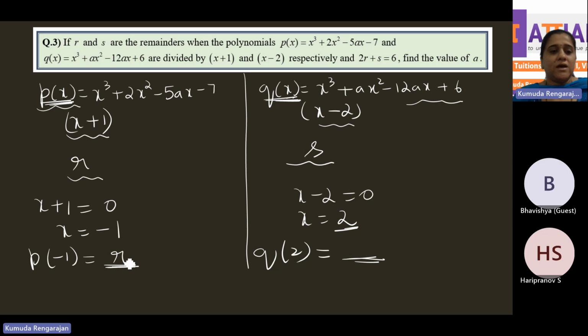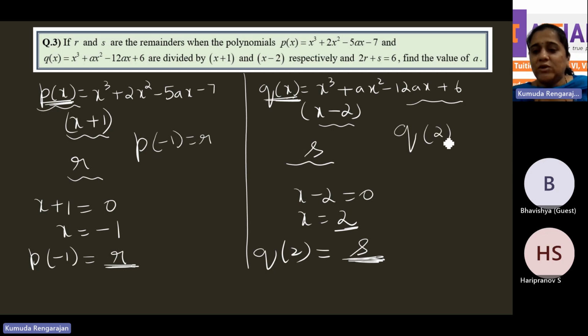R. So that is R. What is the remainder here? S. If it's a factor, then the remainder will not be given, and you should put 0. That's all. We've constructed two equations. P of minus 1 is equal to R is one equation. Q of 2 is equal to S is another equation. Now substitute and solve. You will get the value of A.